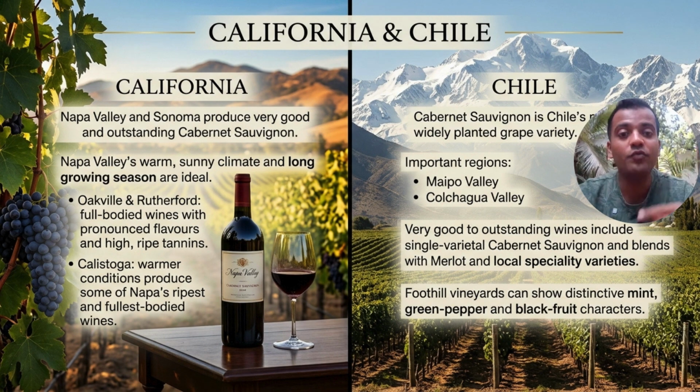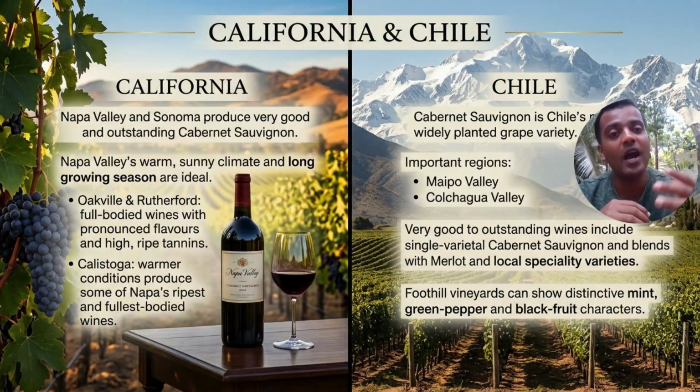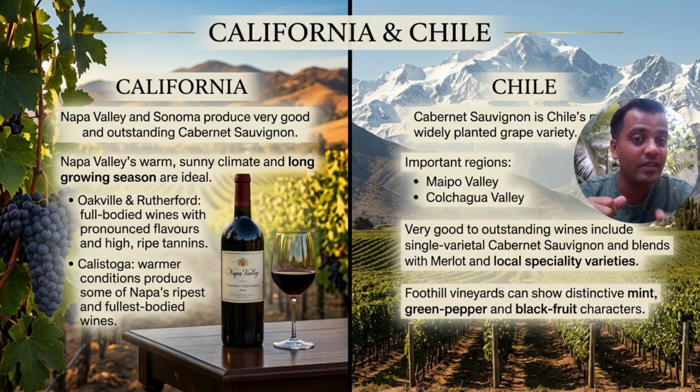They produce very good to outstanding wines, including single varietal wines as well as blends with Merlot and local specialty varieties like Carmenere. So Carmenere is one of the local specialty grape varieties for Chile, and they have Cabernet Sauvignon and Carmenere blended outstanding quality wines made in these regions, Maipo Valley and Colchagua Valley.